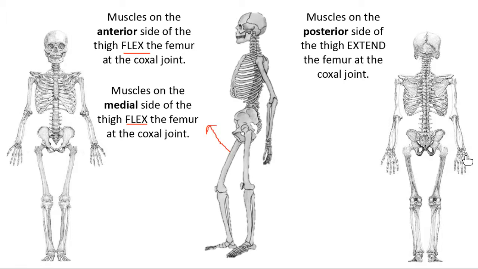Extension of the femur is when the femur moves backwards, in the other direction. So when you're memorizing rules, if you don't want to memorize the word extend, maybe just remember that this pulls the femur backwards, or we're pulling it forwards when we're flexing the femur.